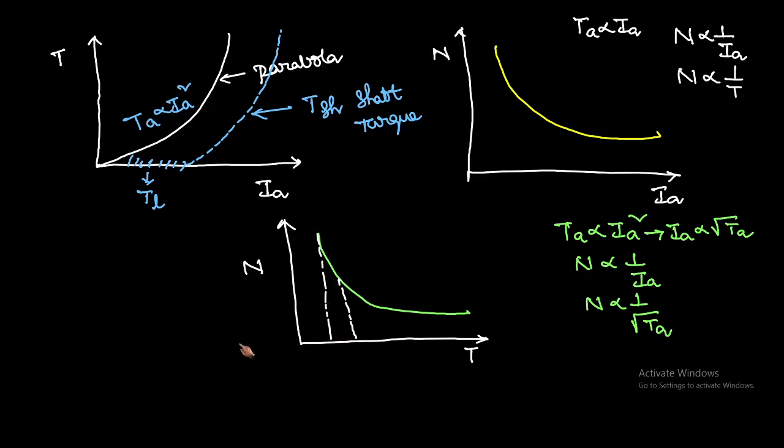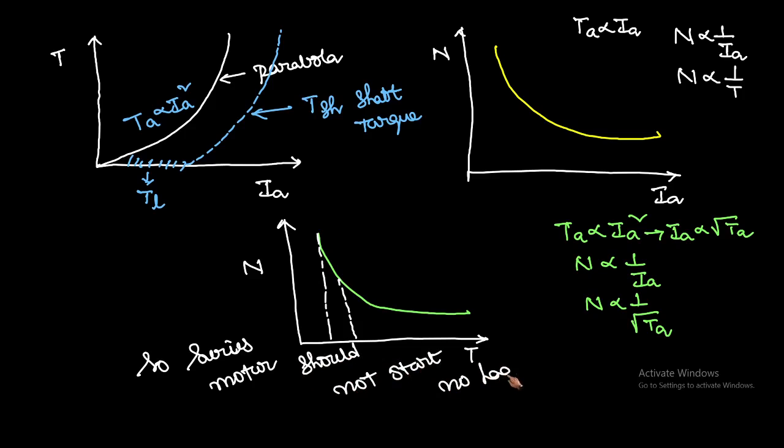As the speed is very high at no load condition, the series motor should not start at no load. Sometimes they may ask this question: why should the series motor not start at no load condition? Because at no load the speed is very high even though the torque is very less. That's why we always have to start the series motor with a loaded condition only.